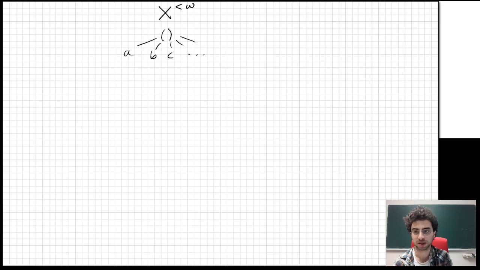Perhaps it might be nice to start writing the integers instead of letters, because when I see letters, I feel like it's going to be finite. And then everything that has 1 as a prefix is going to be below 1. So here I'm going to have 1, 2, and 1, 1, 1, of course, and so on. And the same thing here and here and here.